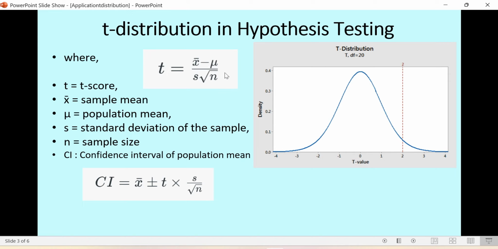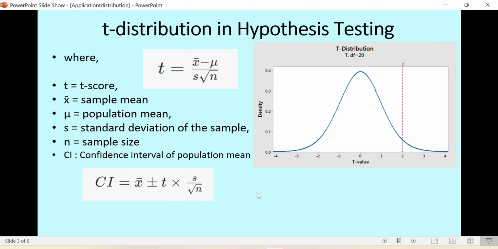But the other way, if we do not calculate the statistic, we just presume the critical value, for example t equals 2. Then we use the same information from the sample and can calculate a confidence interval of the population mean.